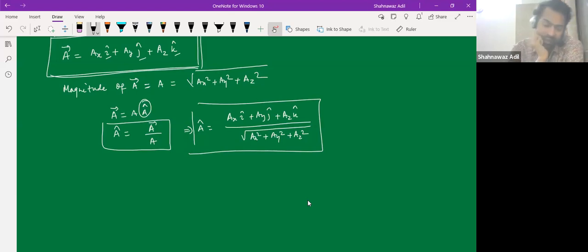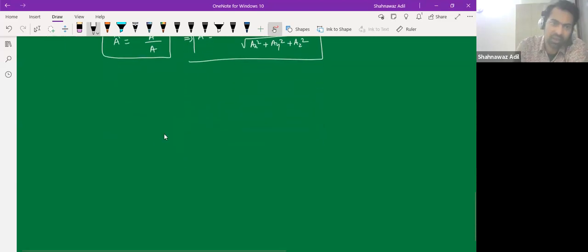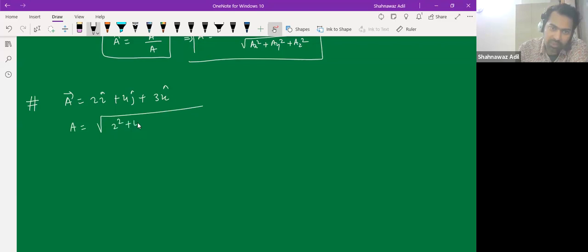Yes, sir, done. Okay, so these things you already learned in your 11th standard, right? Let's say some vector is given which is 2I plus 4J plus 3K. Then we can calculate the magnitude as the square root of 2 square plus 4 square plus 3 square, which is 4 plus 16 plus 9, which is root 29.